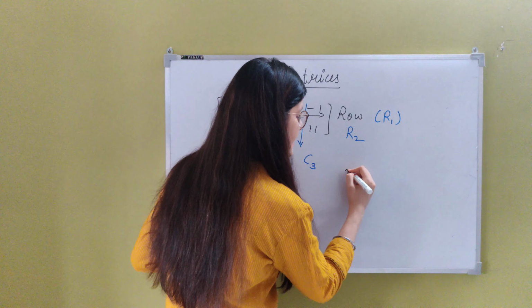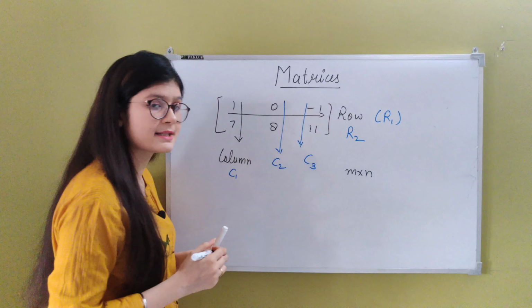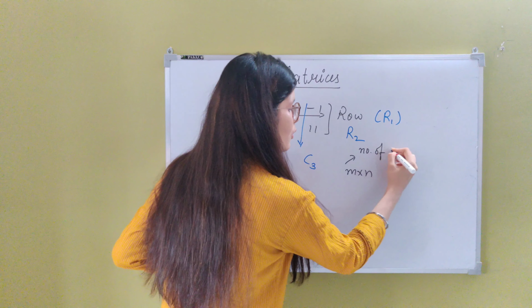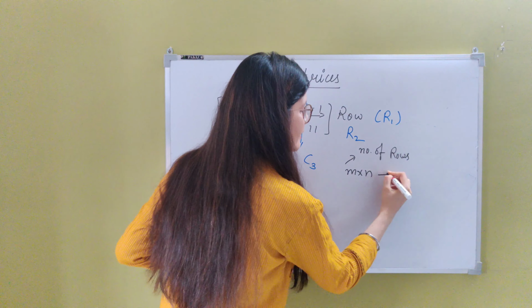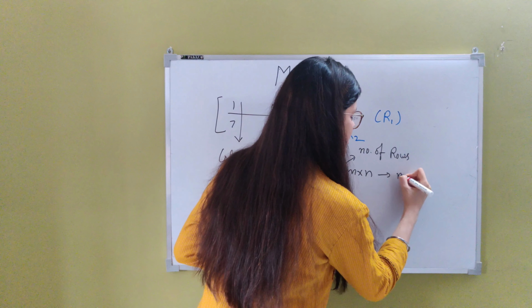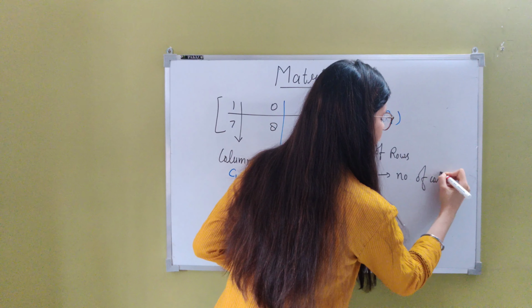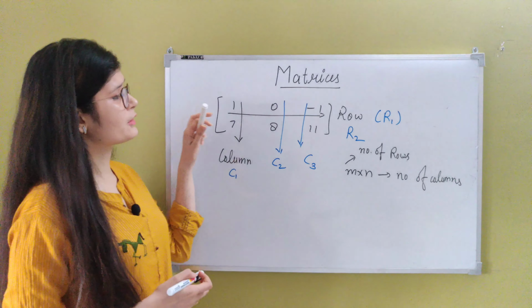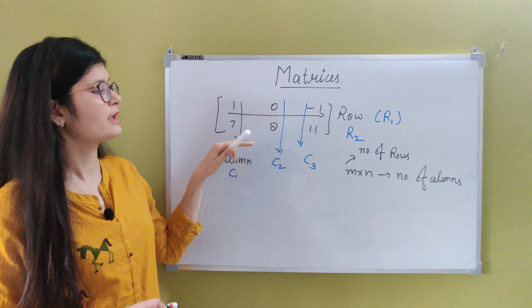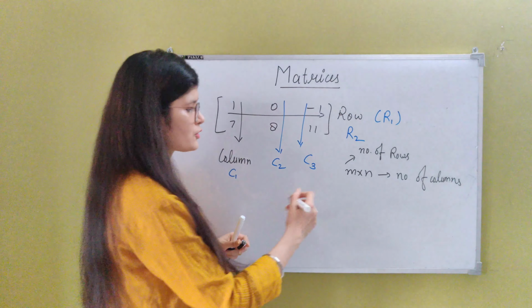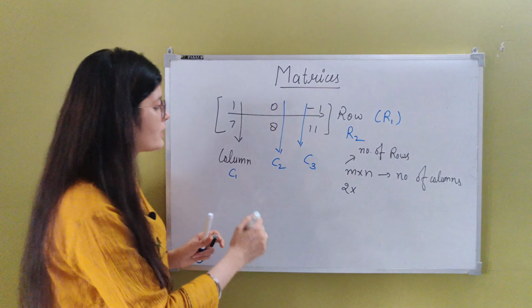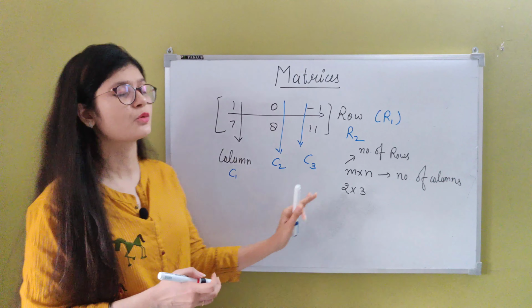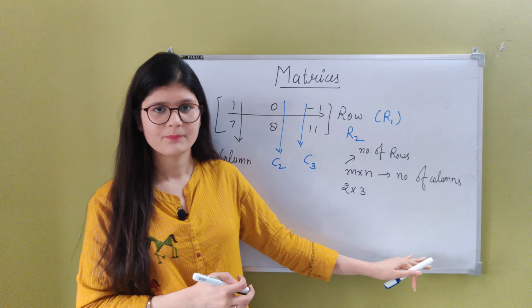We represent that as m cross n, or m by n, where m is the number of rows and n represents the number of columns. Here how many rows are there? There are R1 and R2. There are 2 rows, so 2, and there are 3 columns, so 3. So the order of the matrix is 2 by 3 or 2 cross 3.